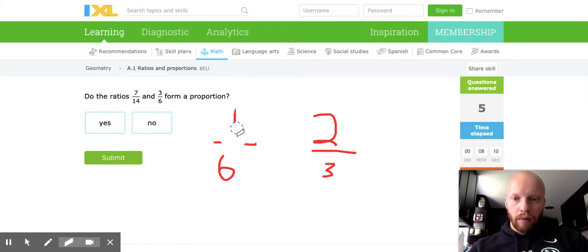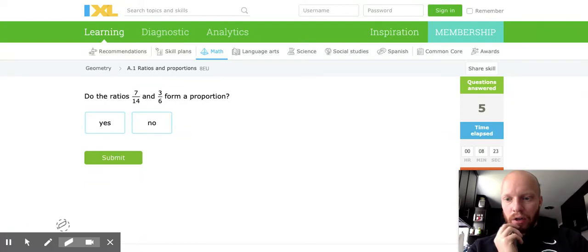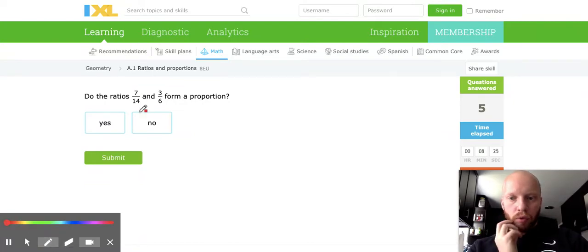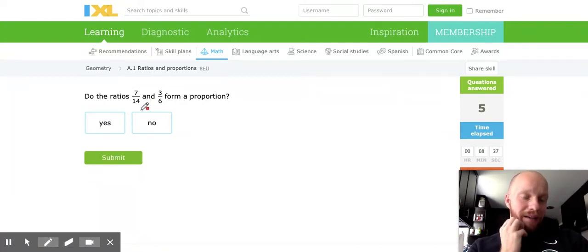Here we have another one. We have 7/14 and 3/6. So let's think about it. What numbers are going to go into 7 and 14? Now, if you have your multiplication chart, you can look and search for 7 and then see if there is a way you get 14.